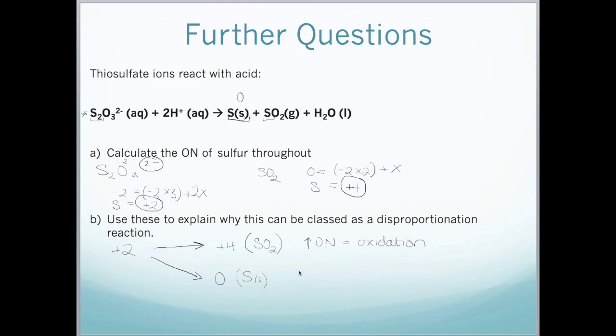And then we are going from +2 to 0, so we are reducing the oxidation number, which means that we have reduction. Sulfur is being both oxidized and reduced in the same reaction. Therefore we can conclude that this is a disproportionation reaction.